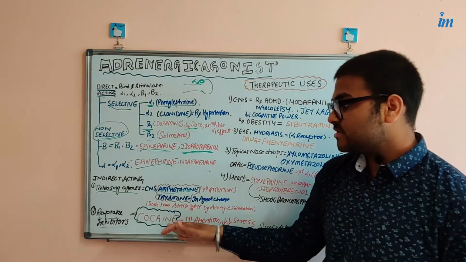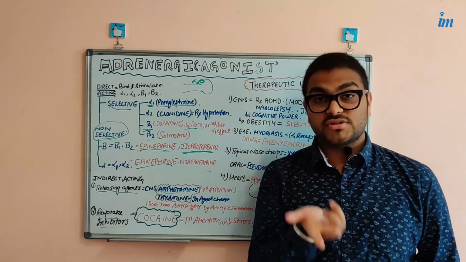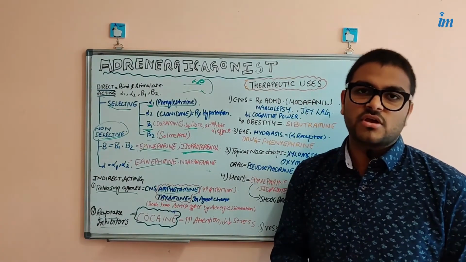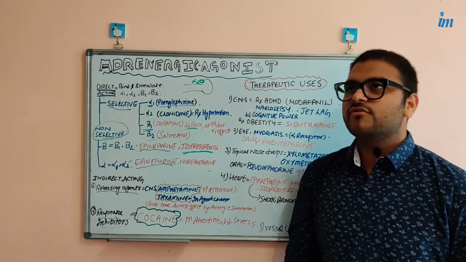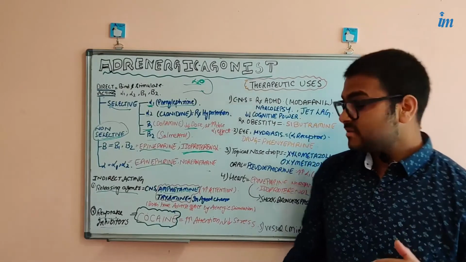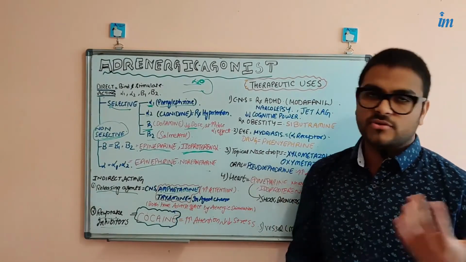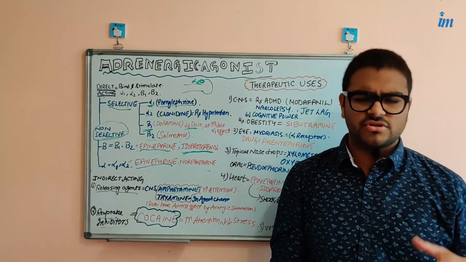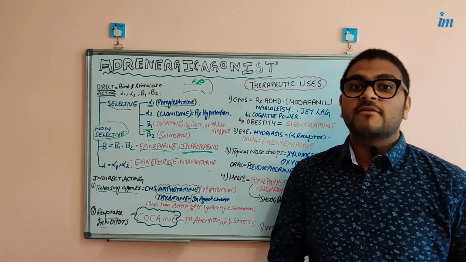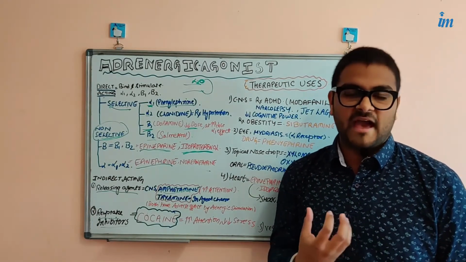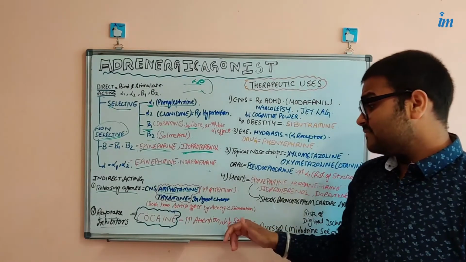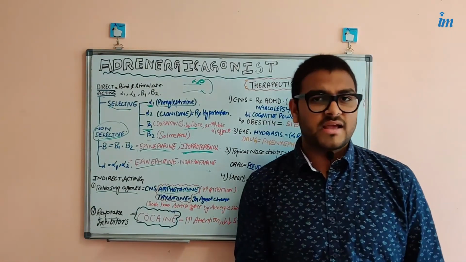So it also has some central effects. You sniff the cocaine, and what effect does it produce? Obviously an increased level of norepinephrine in your brain. Sympathetic neurotransmitters produced due to cocaine increase attention. Obviously increased attention. The abusers usually abuse cocaine. Why? Because they feel good, they have good mood, they have increased attention, and it gives them the feeling of relaxation.